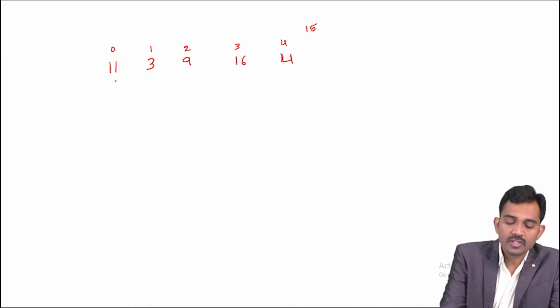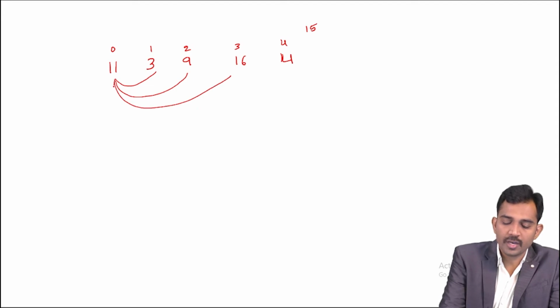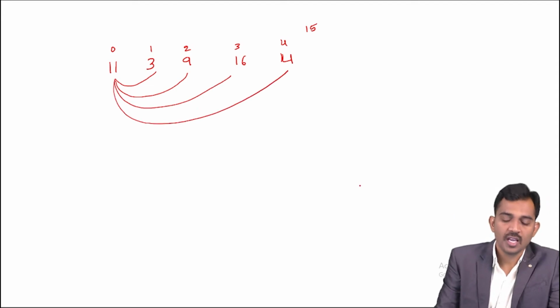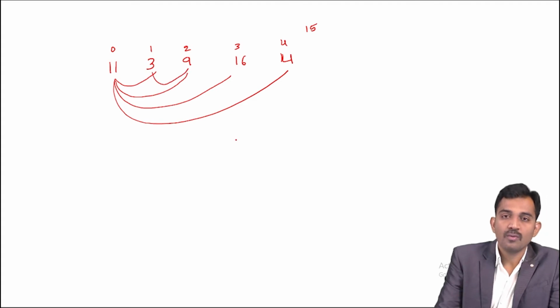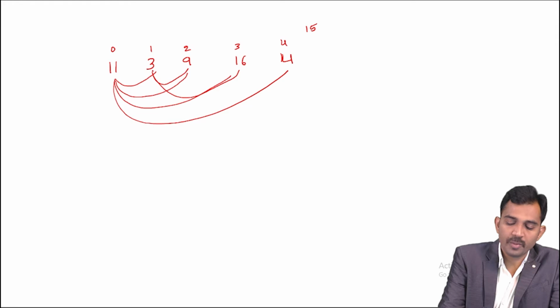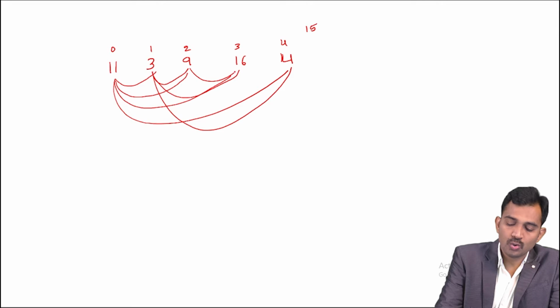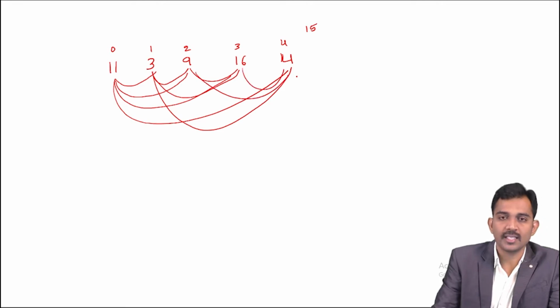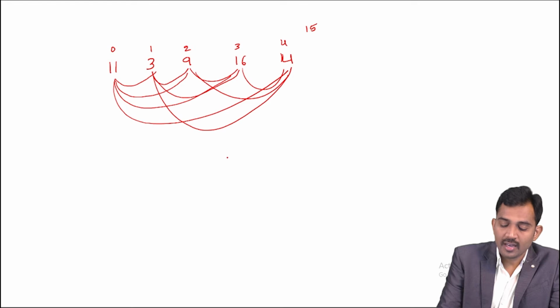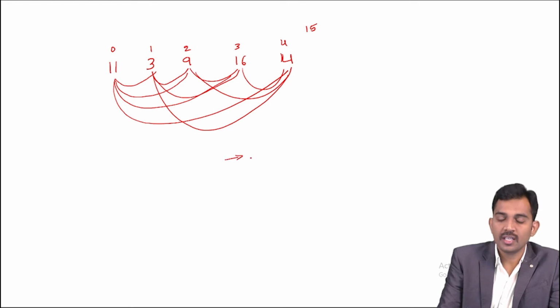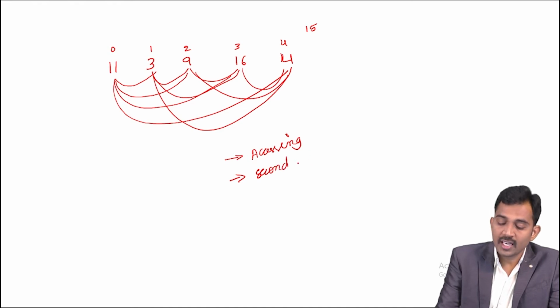What you need to do here is match the 0,1 combination, 0,2 combination, 0,3 combination and 0,4 combination, as well as the 1,2 combination, 1,3 combination, 1,4 combination, like that, 2,3 and 2,4 and 3,4. One iteration is for accessing the elements and the second is for getting the next combination value.